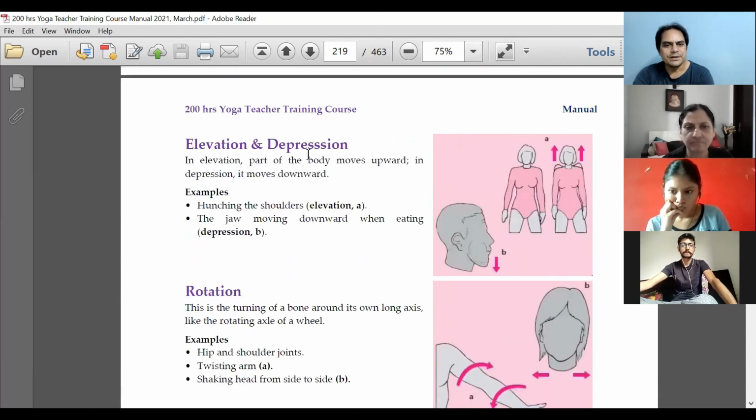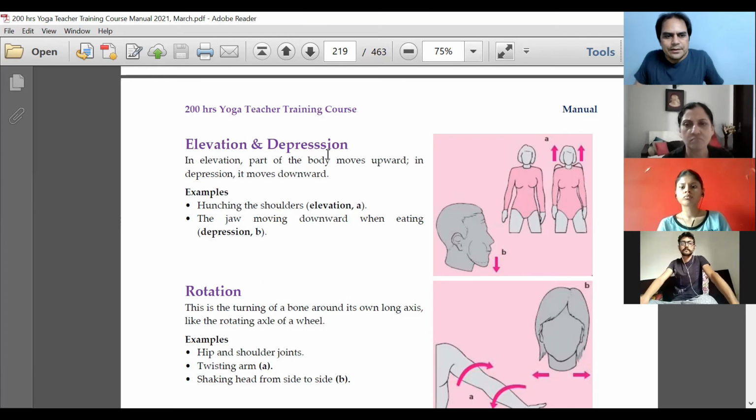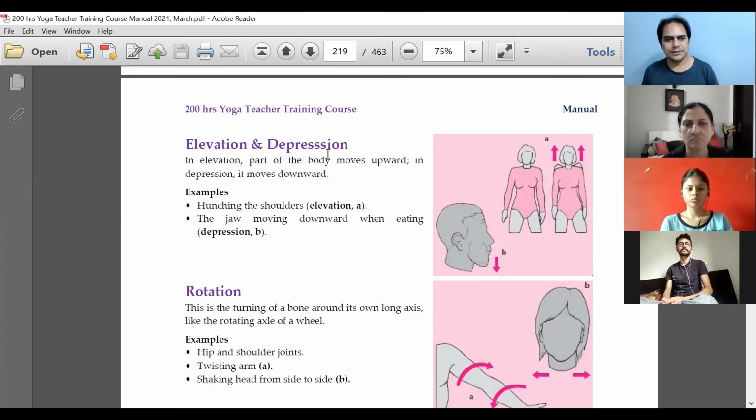Now come elevation and depression. When you do Bhastrika Pranayama, inhale, exhale, this is elevation and depression. When you take your jaw down, this is depression.